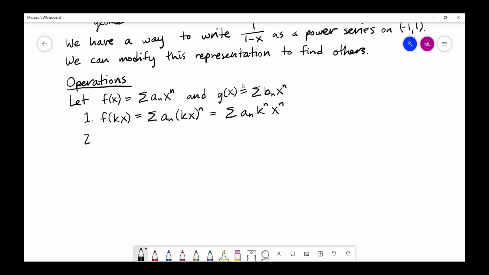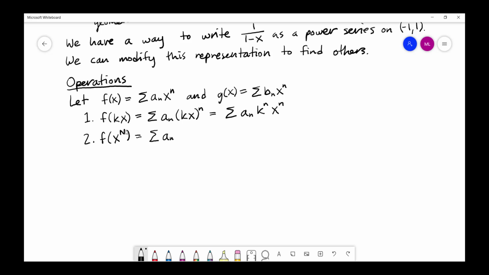What happens if we have some f of x, and it's being raised to some power? Let me call the power capital N, because we've already used lowercase n as our index that we're summing over. So let's say that I have x raised to some power called capital N. What is that going to look like? Well, in this case, same thing. I just need to replace everywhere that x showed up here with x to the N. This passes through.